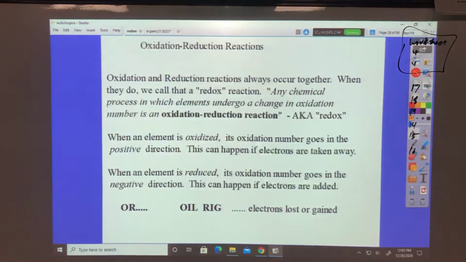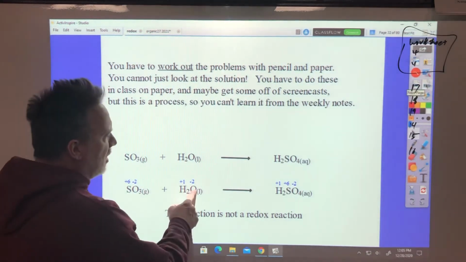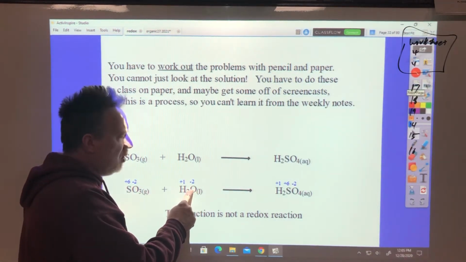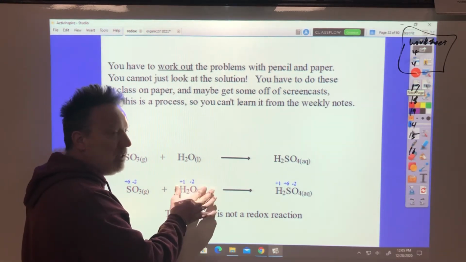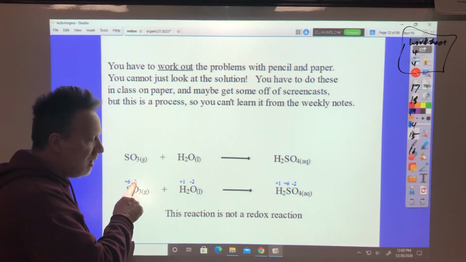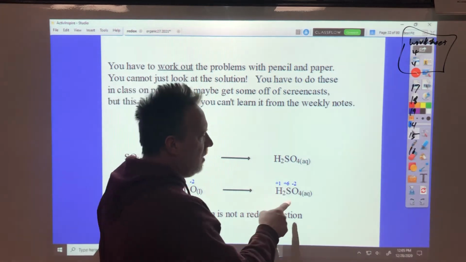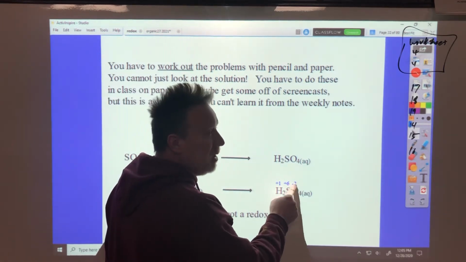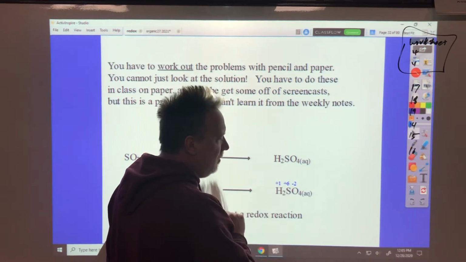Rule 2 would work for that. So, oxidation number of oxygen is -2. Hydrogen's +1 and +1, so that has to be neutral. Oxygen's -2, -2, -2. This sulfur has to be +6. If you look over here, oxygen's -2, -2, -2, -2. Hydrogen's +1, +1.